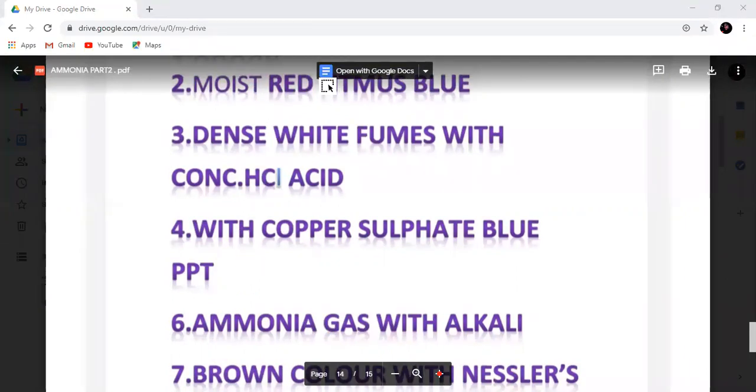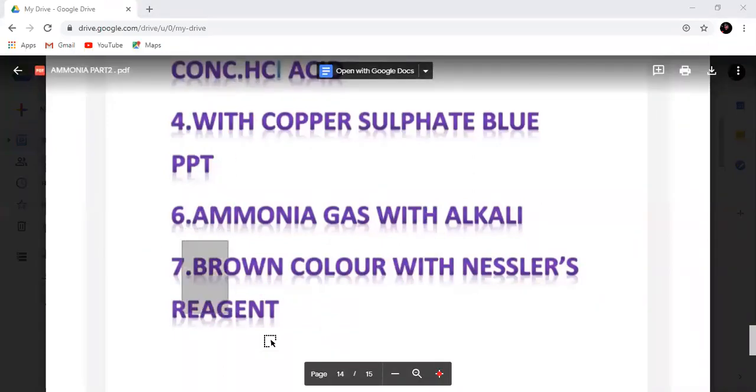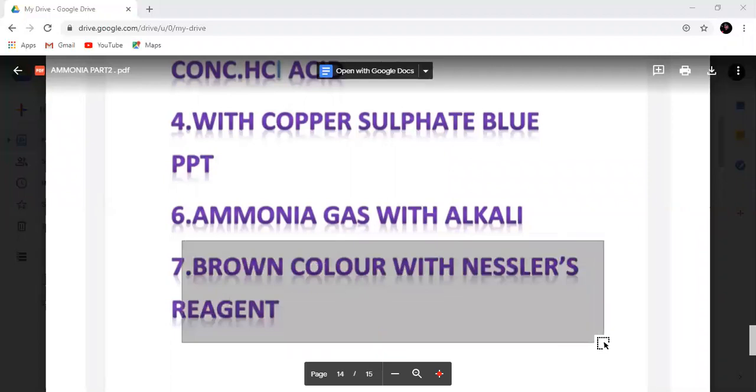The next chemical test for ammonia: it gives the brown coloration with Nessler's reagent. All ammonium salts give the brown color or precipitate with Nessler's reagent. Now the question arises, what is Nessler's reagent or Nessler's solution? It is the combination of potassium, mercury and iodine, with the name mercuric iodide.